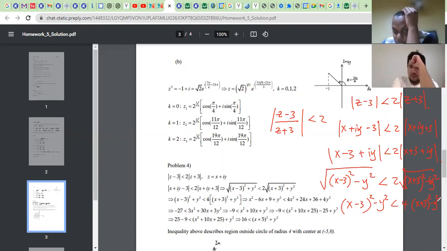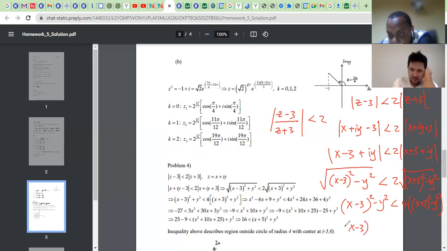And then the Y squared, they seem to cancel out, which is not good. They cannot cancel out because this is a 4Y squared. Right, 4.